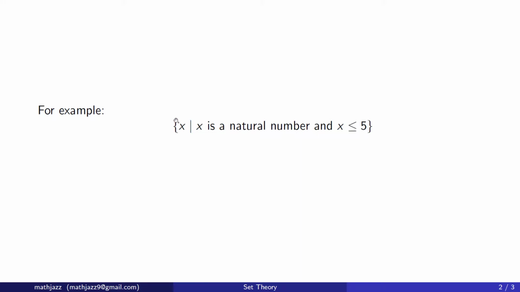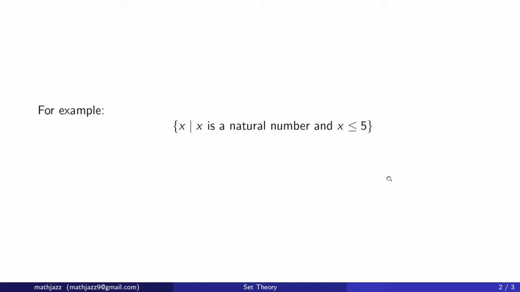That is, here are curly braces, here's our vertical line. To the left of it, we say objects look like whatever this variable is going to mean. And on the right side, we put restrictions on this variable. So for example, x is our generic element, and the restrictions we place on it are x is a natural number, and x is less than or equal to 5.